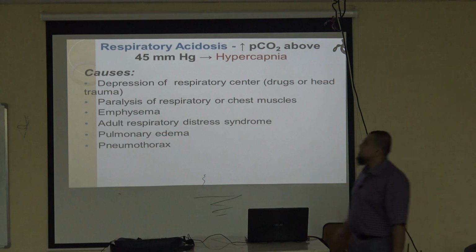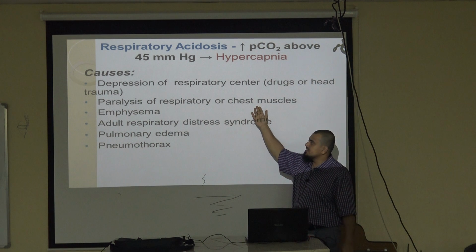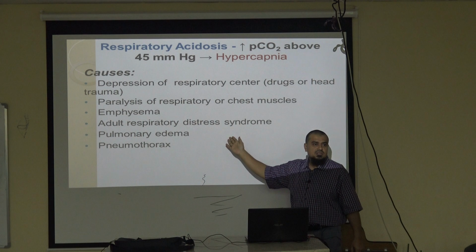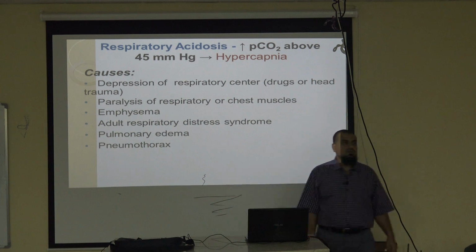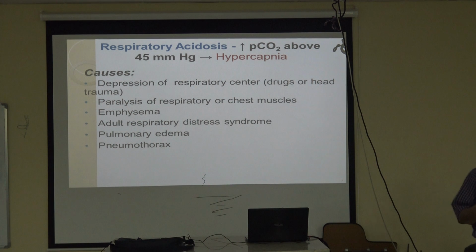So these are a few causes: depression of the respiratory system, paralysis of the respiratory muscles, emphysema, adult respiratory distress syndrome, pneumothorax, pulmonary edema. In all these causes, there is a problem in the excretion of carbon dioxide. Now tell me please, do you think respiratory acidosis is a disease itself?